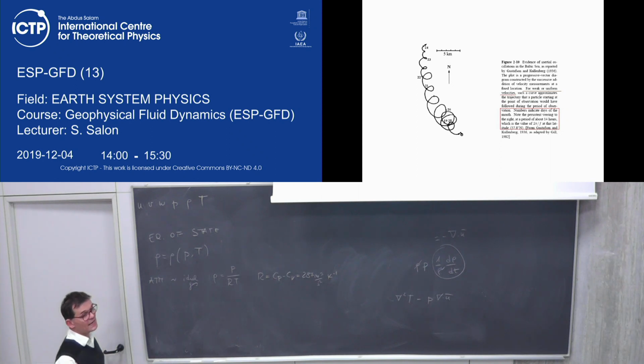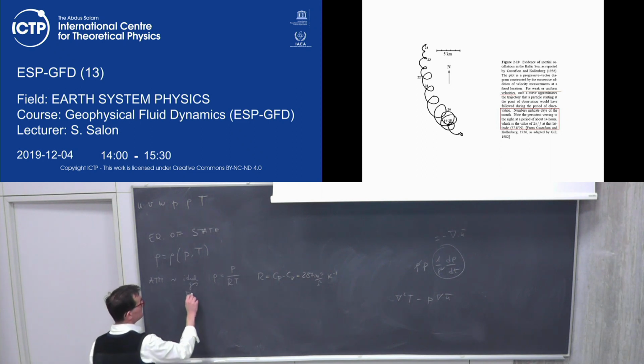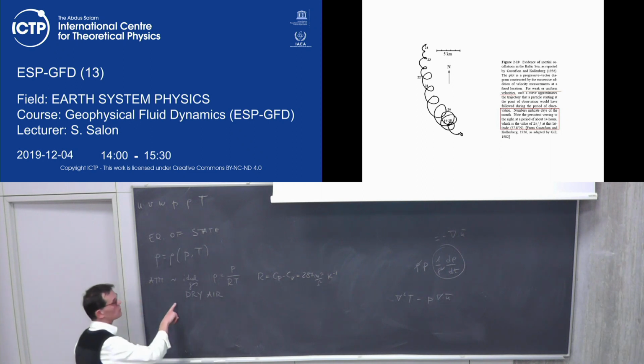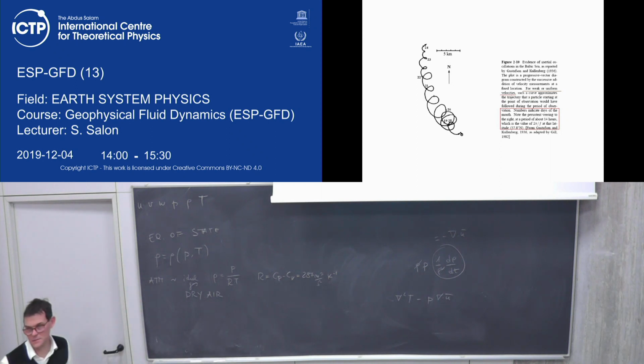Okay, so for the atmosphere we are fine. Of course, this is a very big approximation because this gives us the opportunity to consider only dry air. But what is the important property of the air when it is not dry? What do you say? Water vapor.